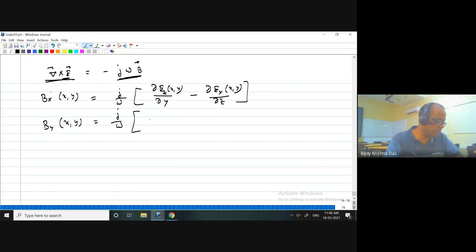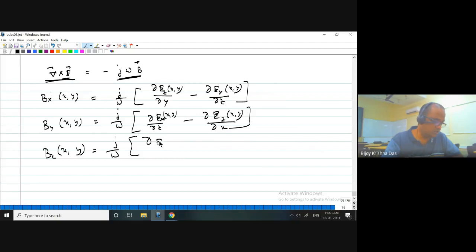Same way you can get, it will be del Ex by del z, that is xy dependence, minus del Ez xy by del x, and Bz xy equal to j by omega, del Ey by del x minus del Ex by del y, that is xy.